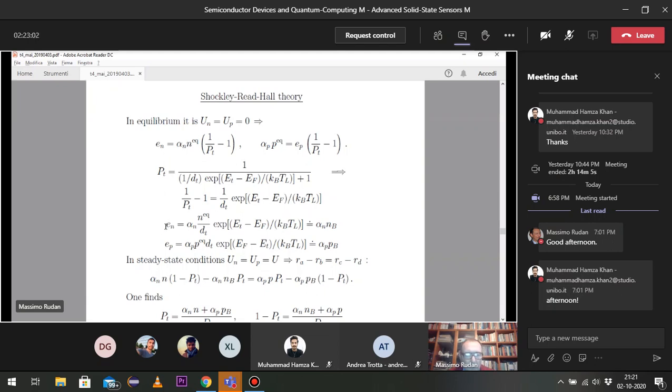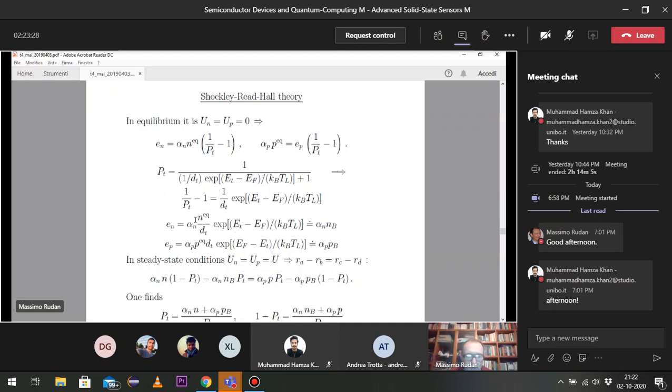At this point, you observe that n of equilibrium is something that we know. The degeneracy coefficient is a pure number that we know, like 2, okay? And this exponential is also a pure number that we know, because we assume that we know the position of the traps.